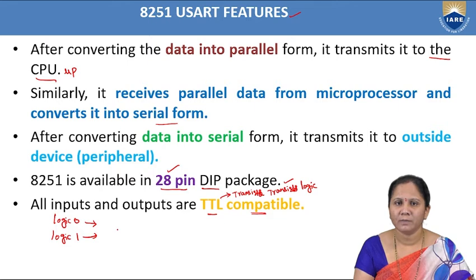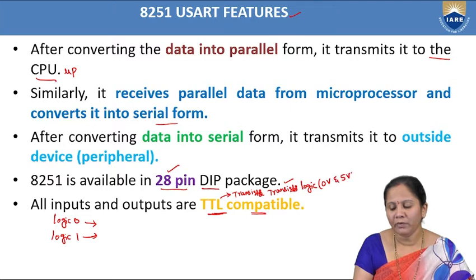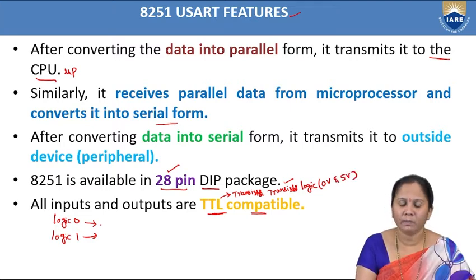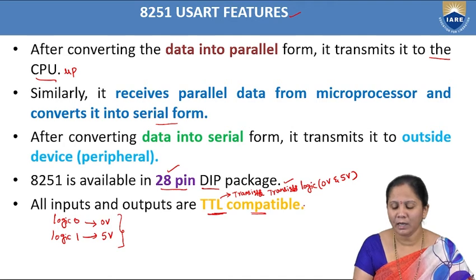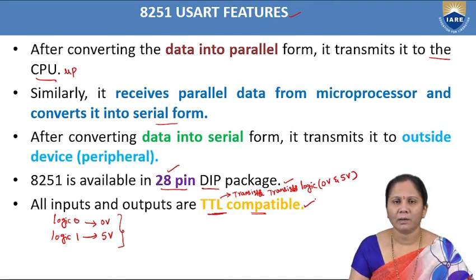These zeros and ones are transmitted by converting them into TTL voltages. TTL supports voltage levels from 0 volts to 5 volts. That means logic 0 is represented with 0 volts and logic 1 is represented with 5 volts. Representing in this manner we call TTL compatible.